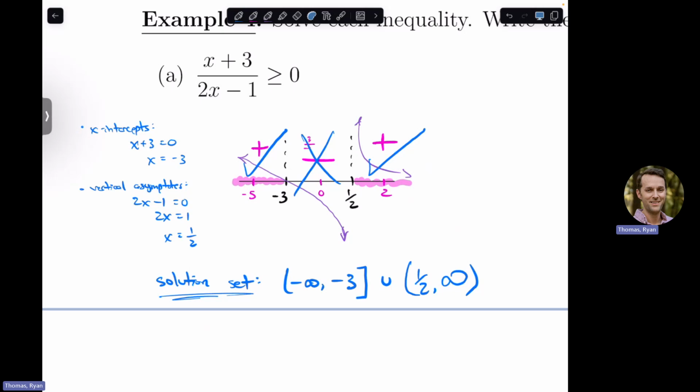Just looking at the graph, we already got this area, so we know this first part is correct. It's really tiny, but it's negative.